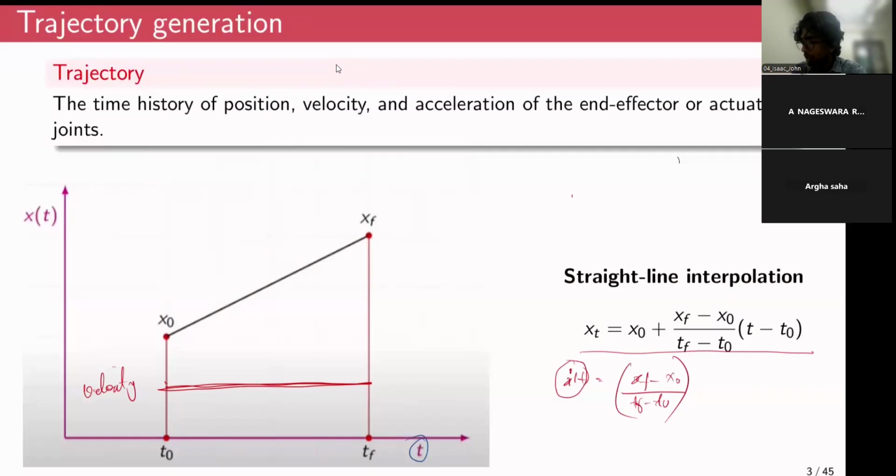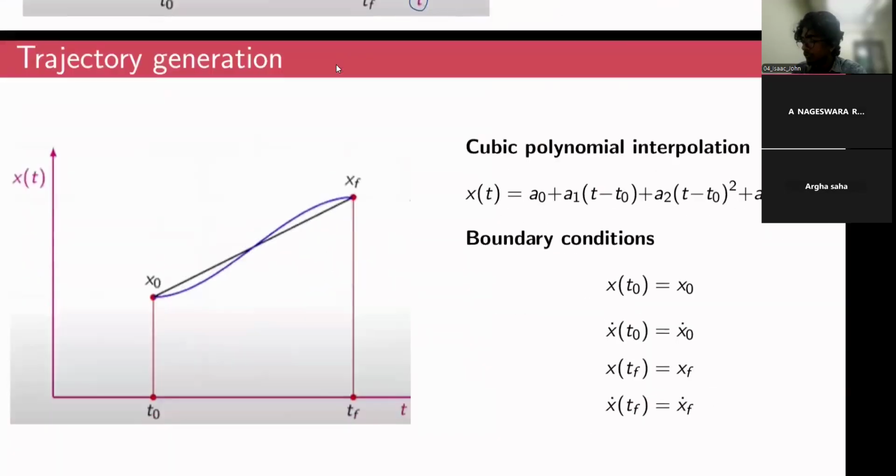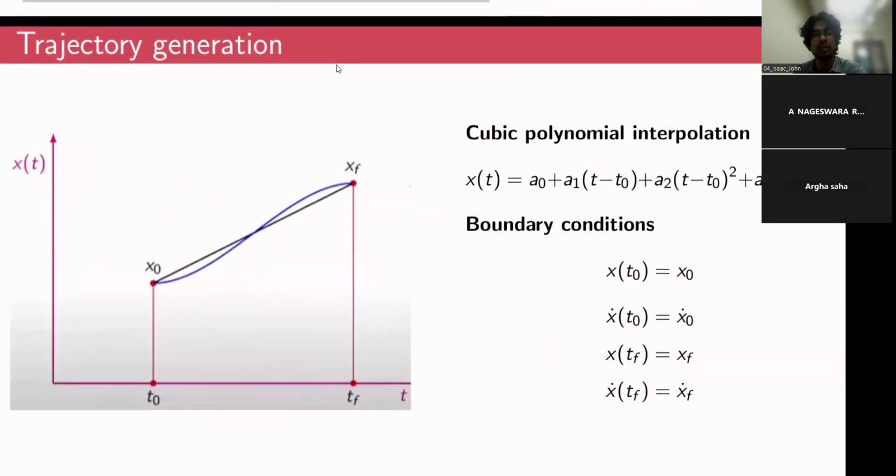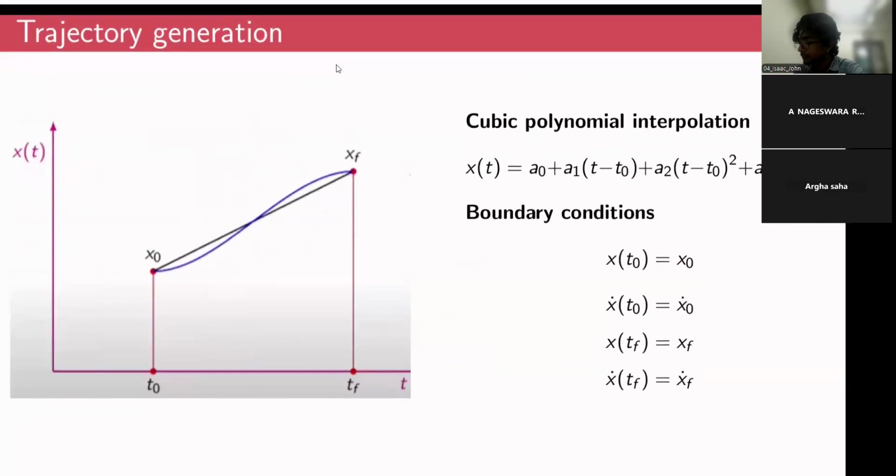So to counter these issues, we go with smoother trajectory generation. So over here, we basically have something called a cubic interpolation.